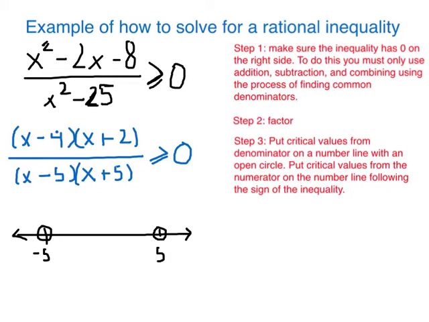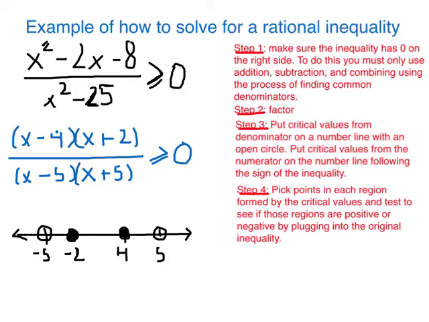We're going to put those values, 4 and negative 2, and they are going to follow our inequality sign. So our inequality says greater than or equal to, so because it is equal to, it will be a closed circle. Those are all of our critical values of an inequality. They are where the numerator would equal 0 and where the denominator equals 0.